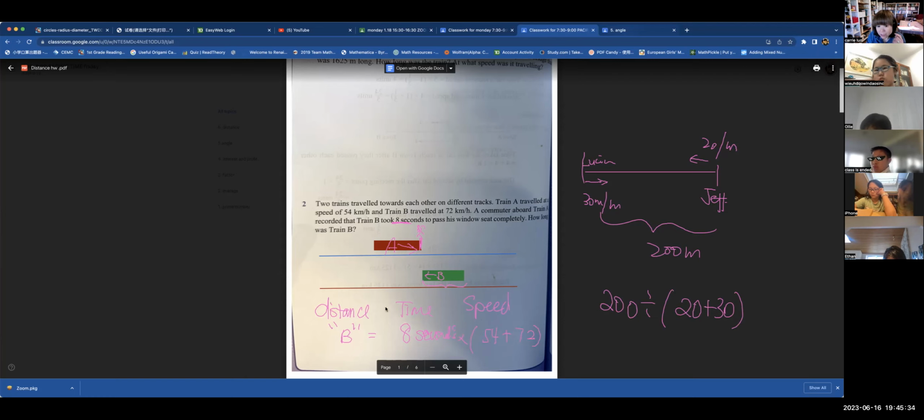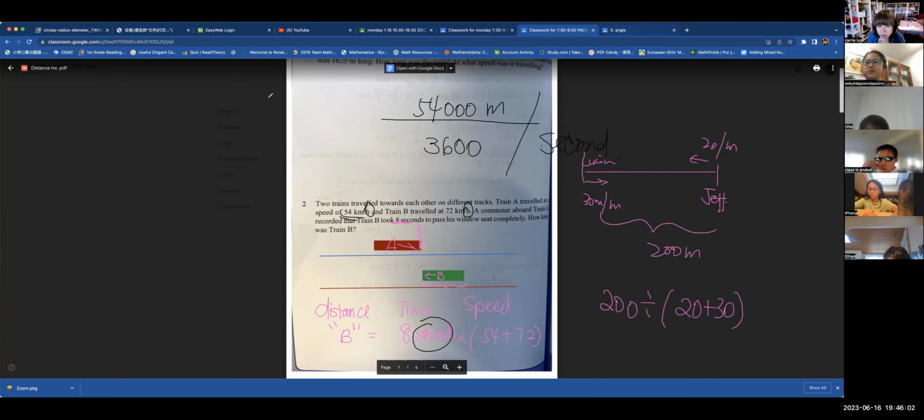But this is per second, this is per hour. So how do we do it? First of all, it's 54,000 meters, and you need to divide it by what? 3,600. Correct, everybody? Okay, so this is the speed per second.